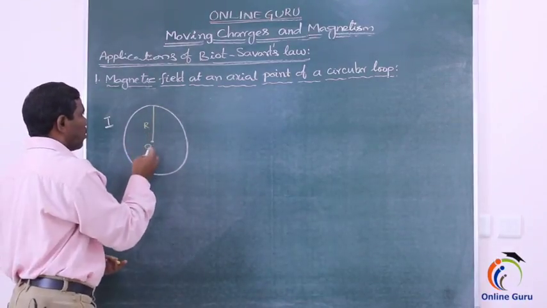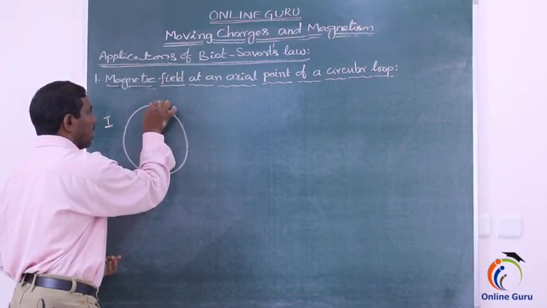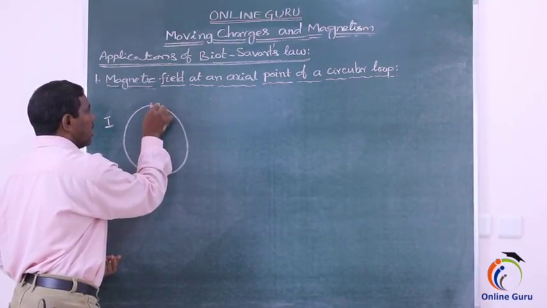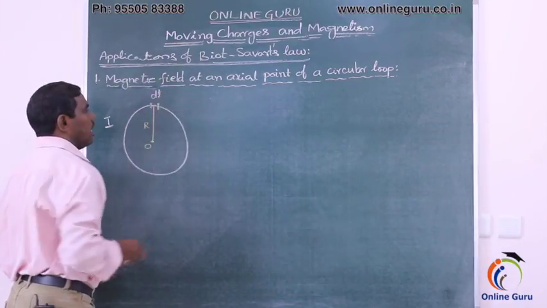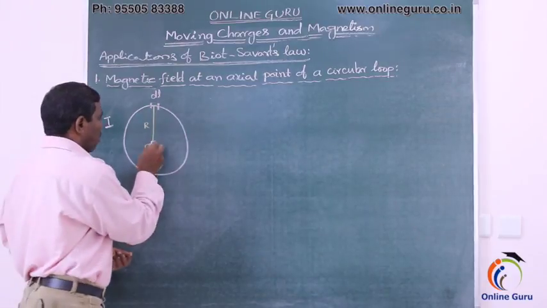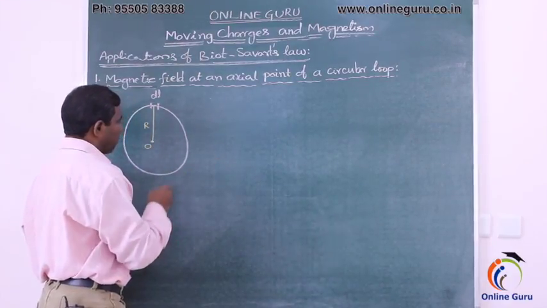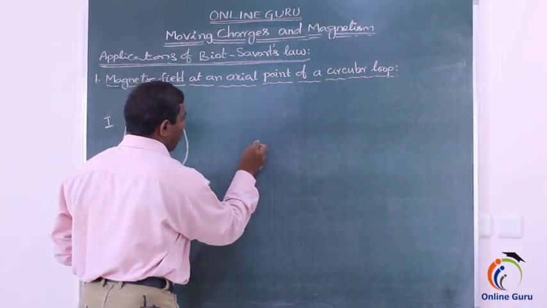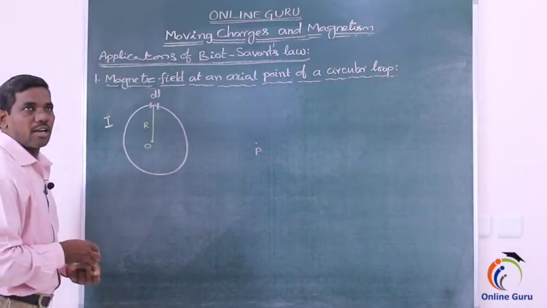On the circular loop, we consider a small current element, taken as dl. From the center, at a point P, we can determine the magnetic induction.